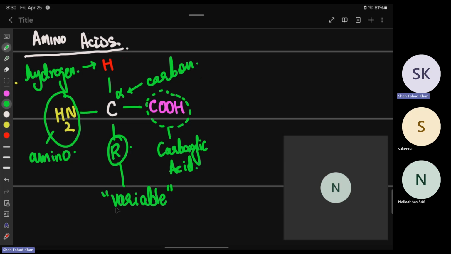R group is variable, meaning the R group can be of multiple types. You can have acidic amino acids based on acidic R groups, basic amino acids based on basic R groups, and polar and non-polar amino acids.